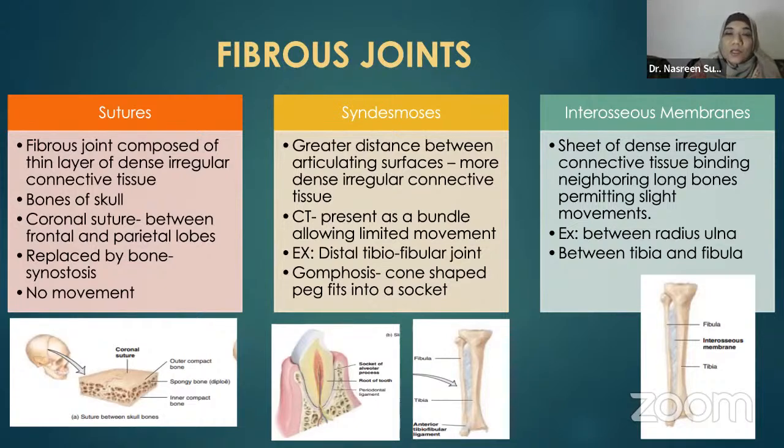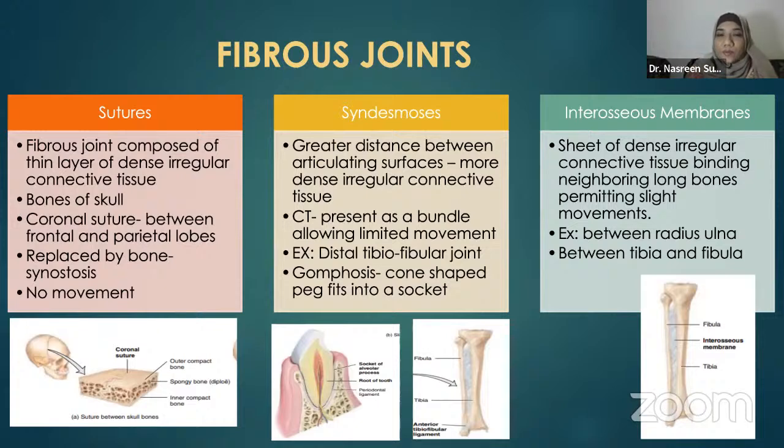The next type of fibrous joint is syndesmosis. Syndesmosis gives a greater distance compared to a suture, a little bit more distance between the two articular surfaces. Articular surfaces means the surfaces which attach to each other.